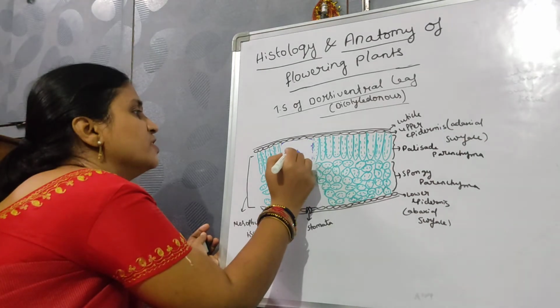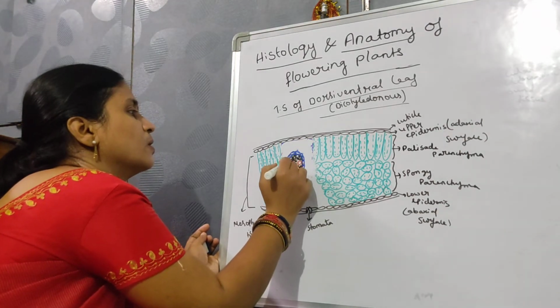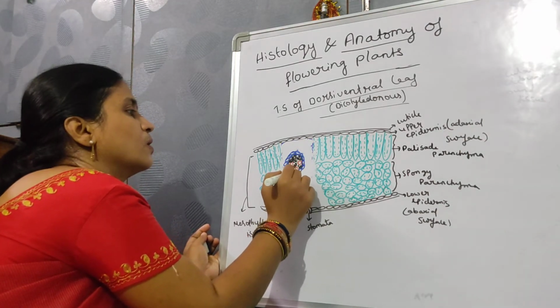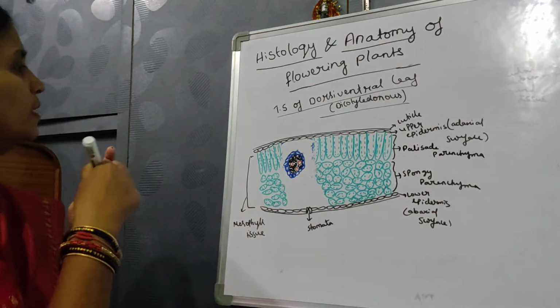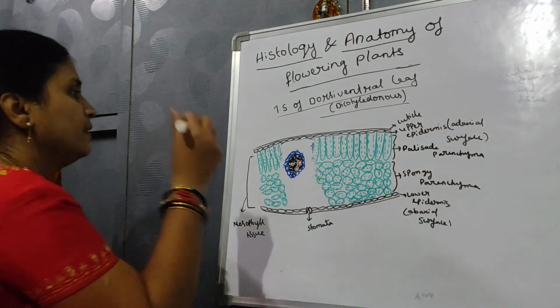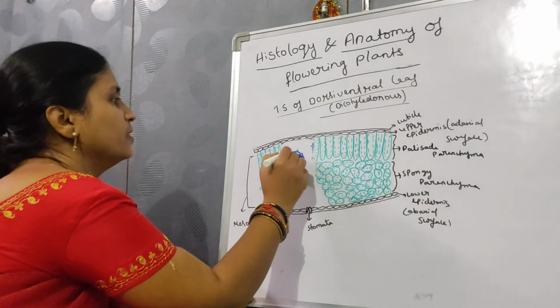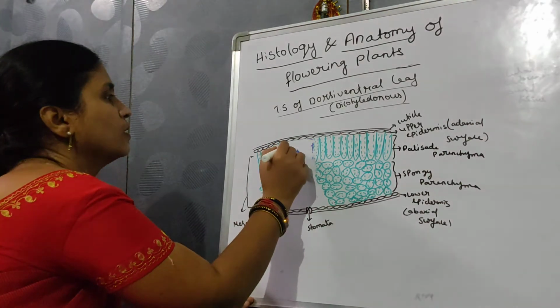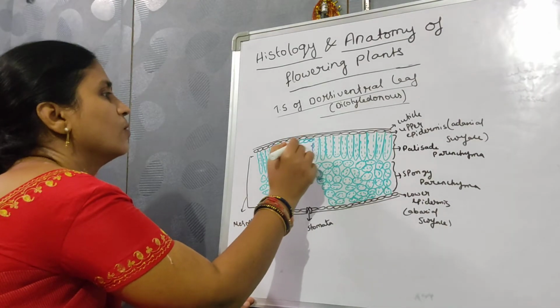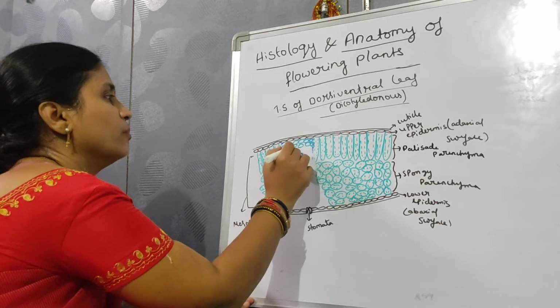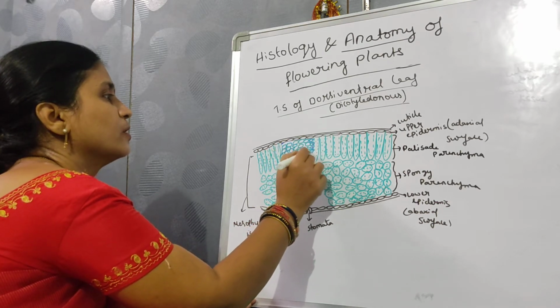These are the bundle sheath cells. Okay, xylem and the phloem. Then they are surrounded by the bundle sheath cells. With any color you can draw.